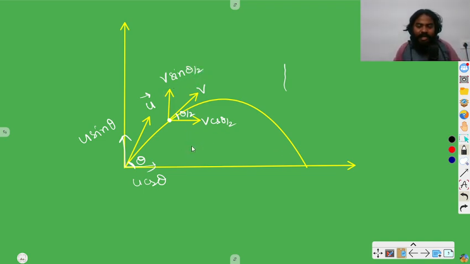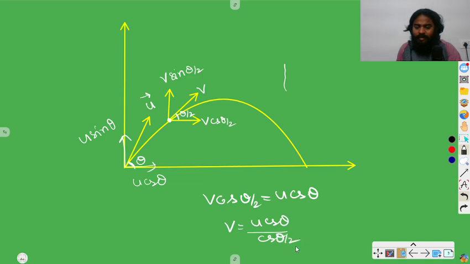Okay, it's clear now. We know very well v cos theta by 2 should be equal to u cos theta, because the horizontal velocity component never changes. From this you have v is equal to u cos theta by cos theta by 2.